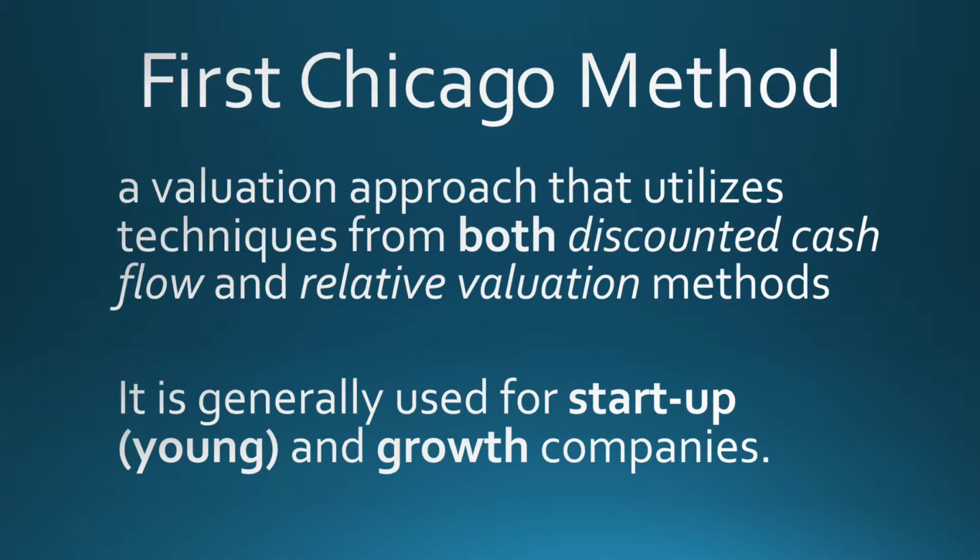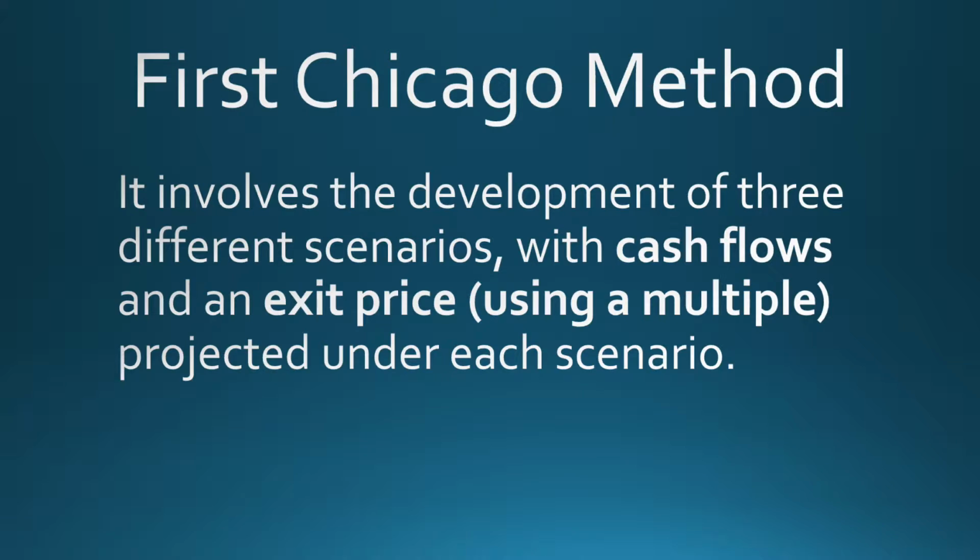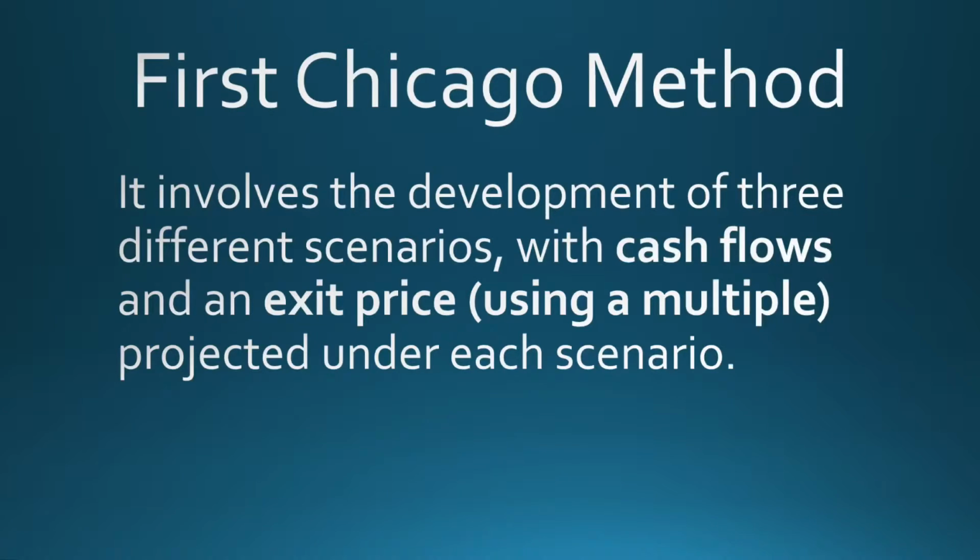It is generally used for startup or young companies as well as growth companies. This involves the development of three different scenarios with cash flows and an exit price, this time using a multiple, and thus a hybrid between the DCF techniques and the market multiples of relative valuation.